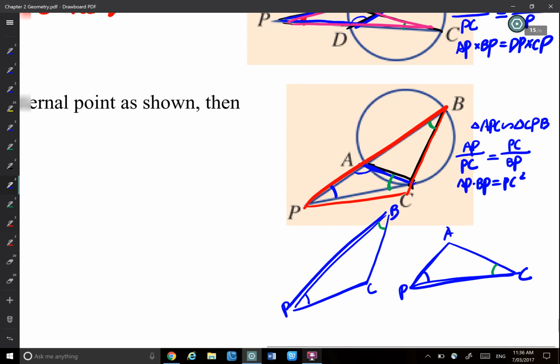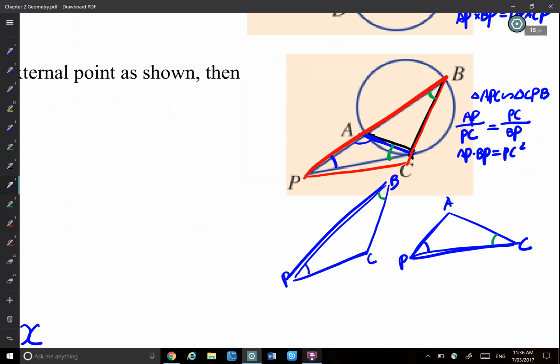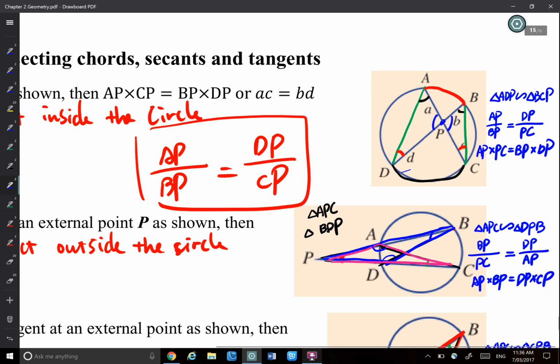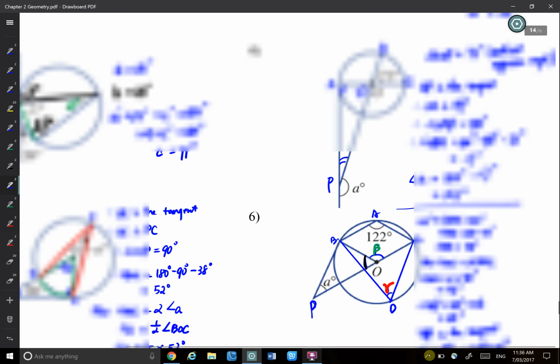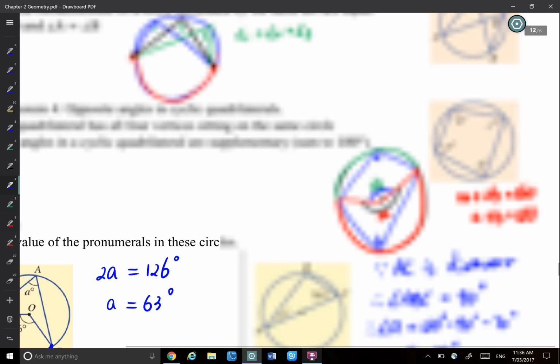Okay, I remember there's one more question I haven't gone through with you from the previous page. This one.